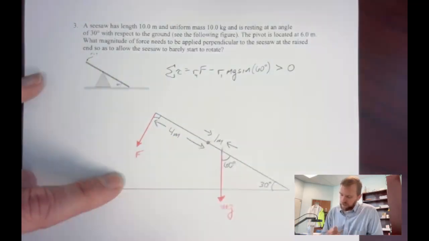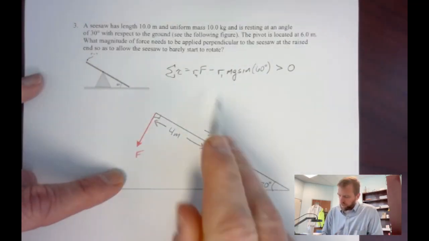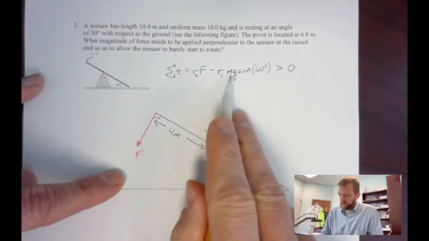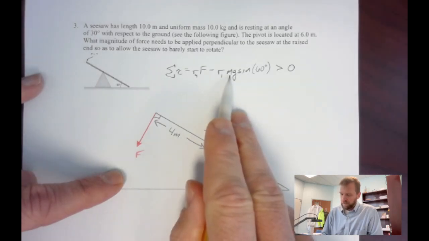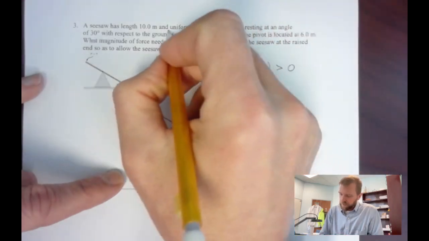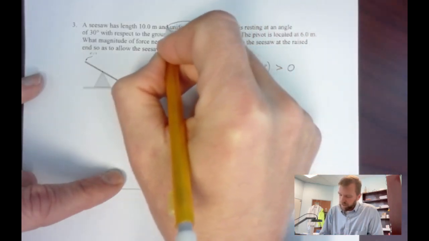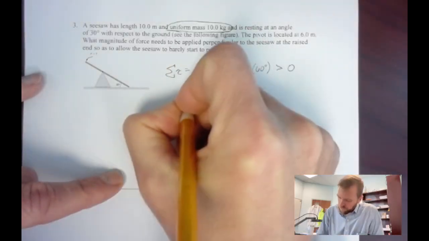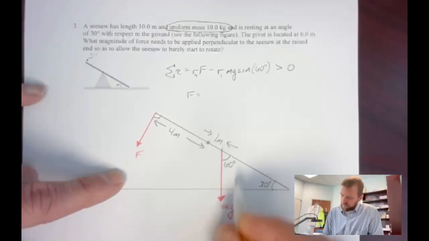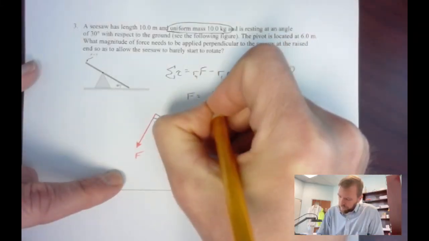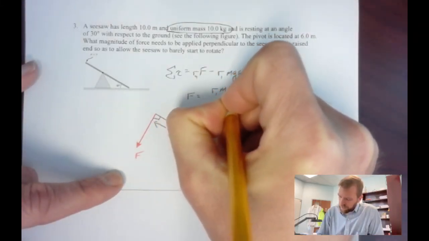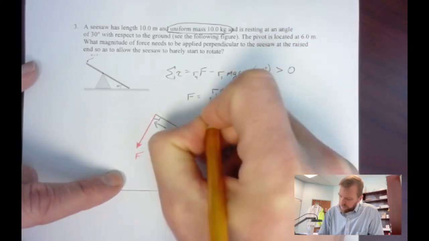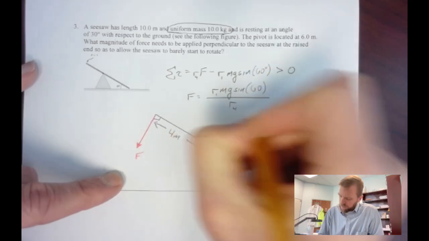All right, we already labeled all the givens. This is 4 meters, this is 1 meter. The only other piece in here is the mass, and the mass is 10 kilograms. So let's solve for the force. The force is going to be R1 mg sine 60 divided by R4.